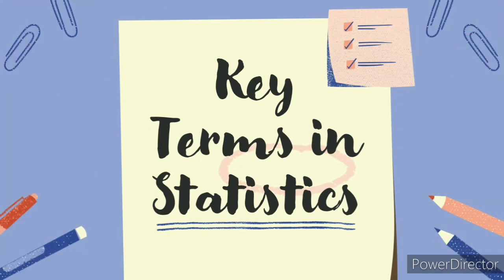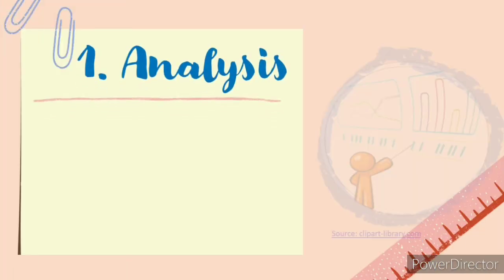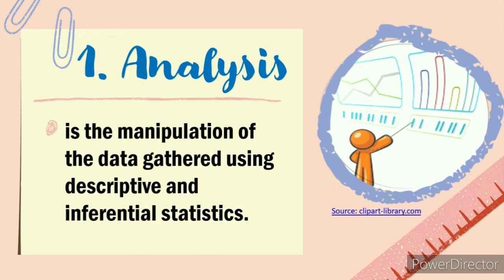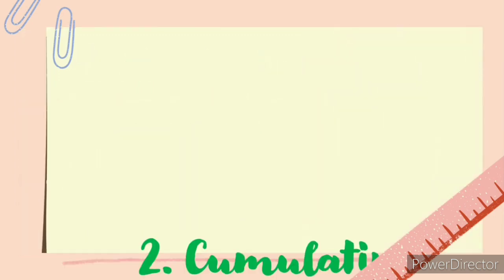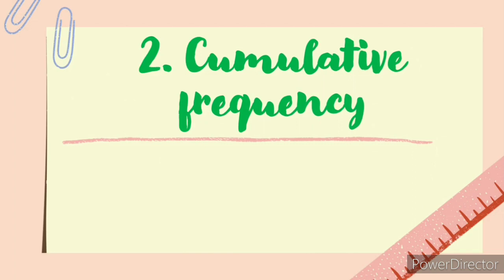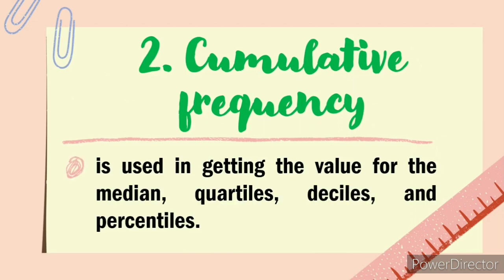Now, let's talk about the key terms used in statistics. Number 1, analysis. It is the manipulation of the data gathered using descriptive and inferential statistics. Number 2, cumulative frequency.